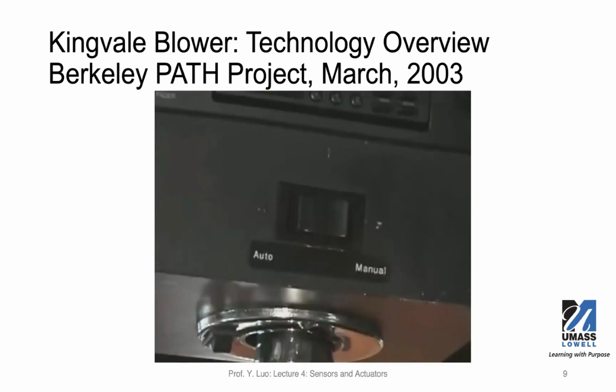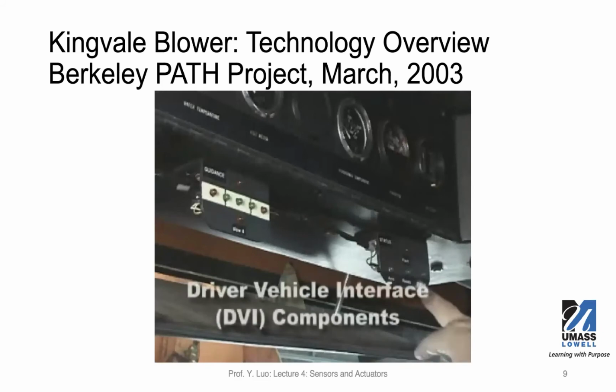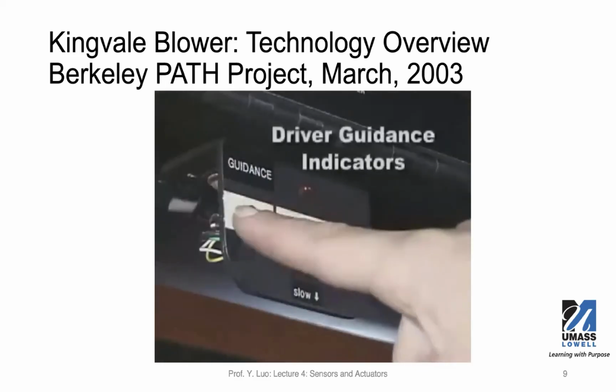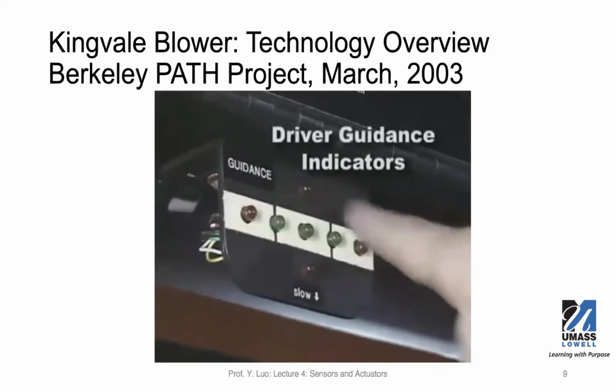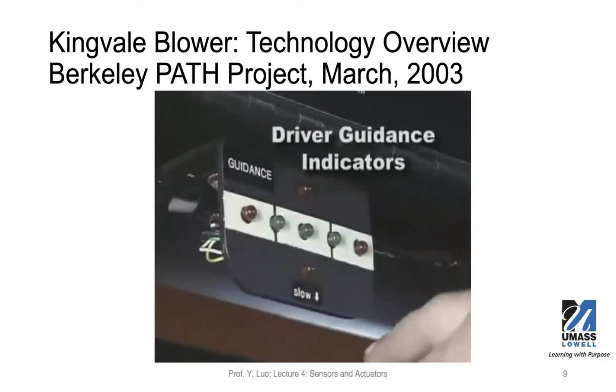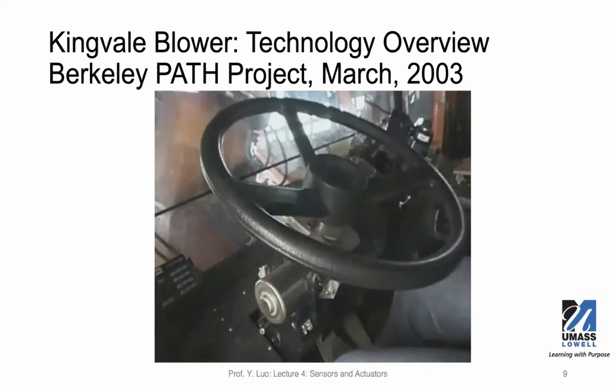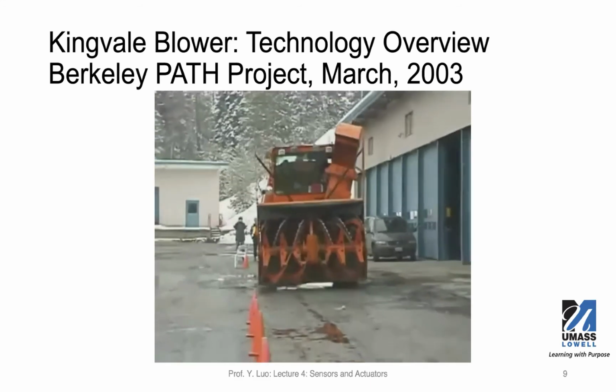A simple switch basically switches the truck to auto mode, and in that case, the control system will be able to manipulate the steering system based on the sensor readings. There are also guidance indicators, warning lights, etc. This is the actuator to implement the auto driving.